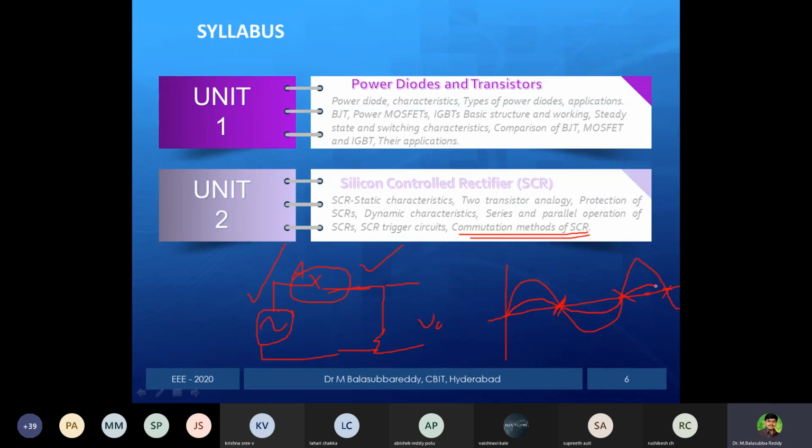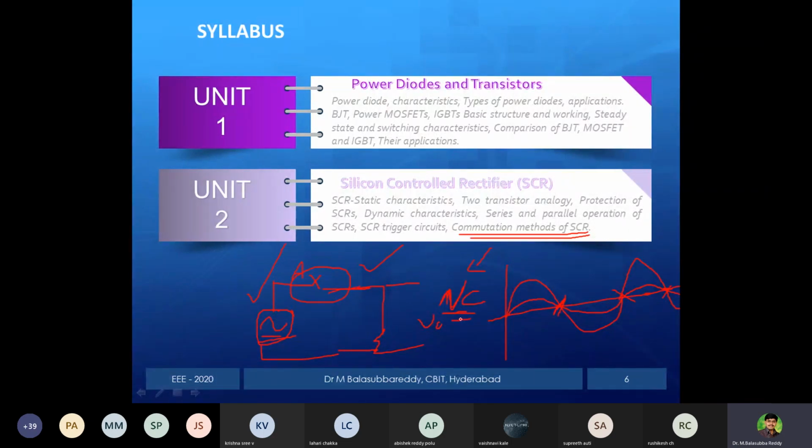So voltage is 0, current is 0, and every such instant the device is turned off automatically without any additional circuit, because the input is AC. That is the reason we call it natural commutation. Natural commutation means the device is turned off without using any additional circuit.